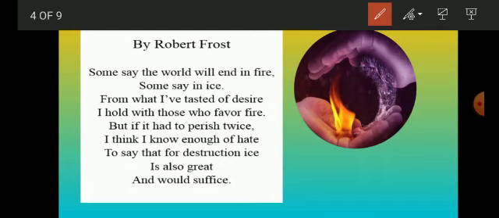From the 4 lines, the poet says that some people believe that the world will end in fire. Here fire represents fiery passions.